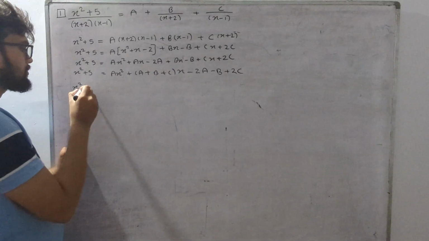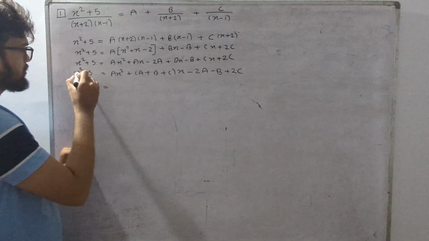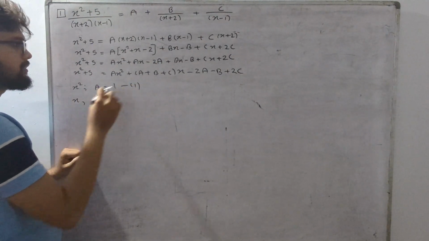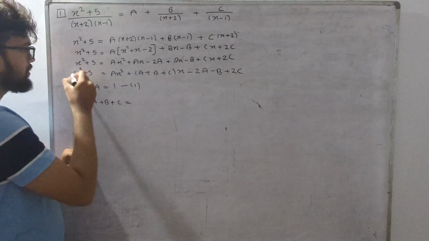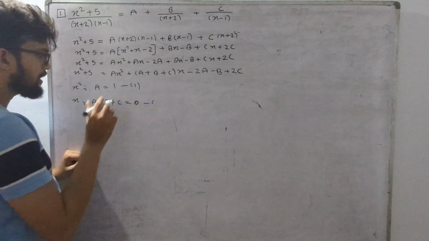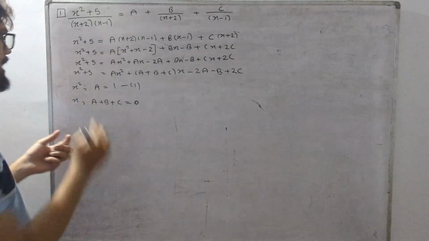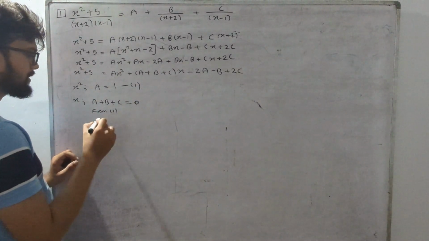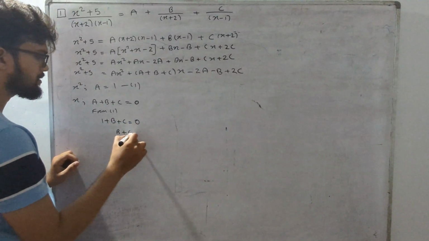When it comes to the x squared part, only A, and this coefficient is 1, the first one. When it comes to the x part, A plus B plus C, there is no x term on the left, so it equals 0. We can simplify it because we already know A is 1: 1 plus B plus C equals 0, so B plus C equals minus 1.